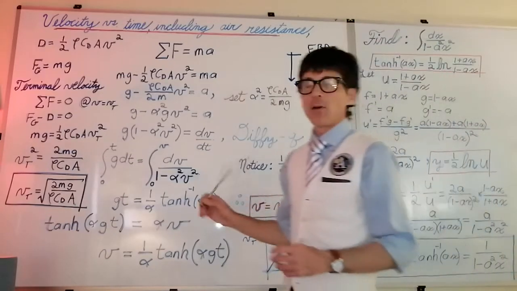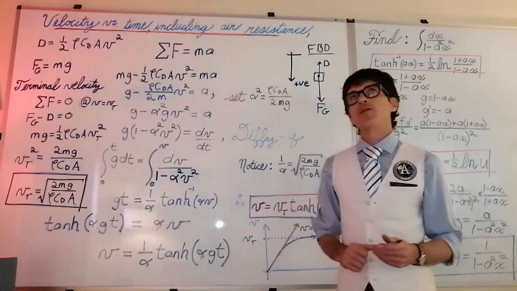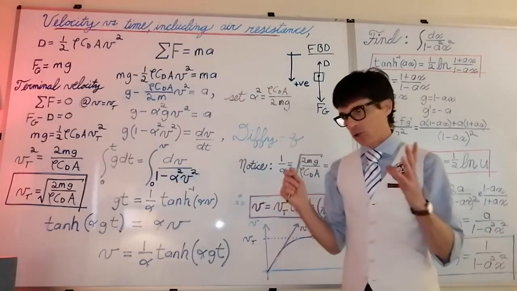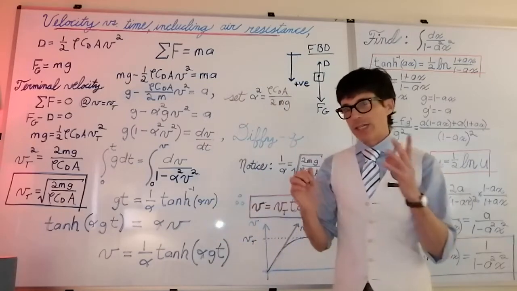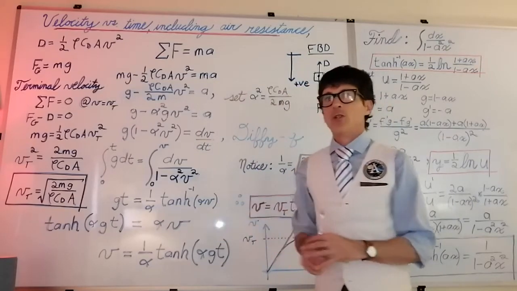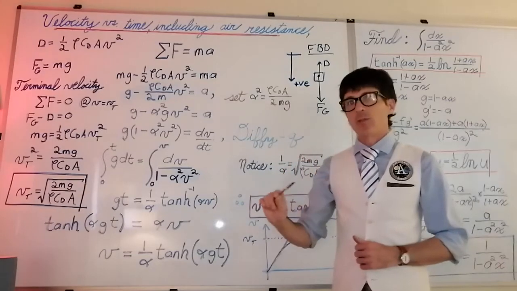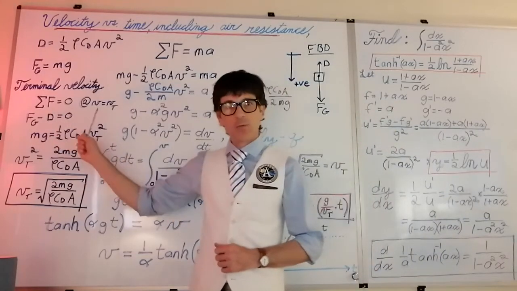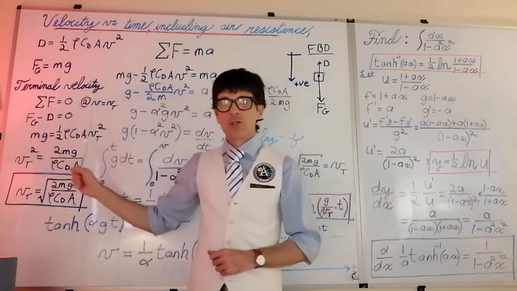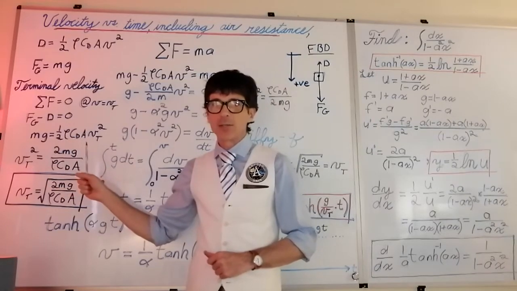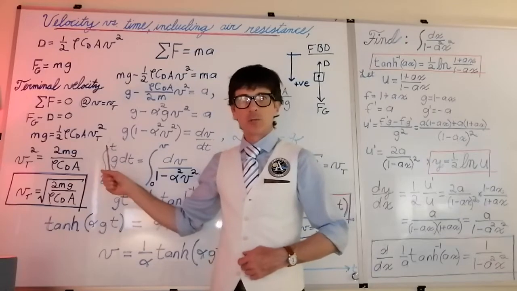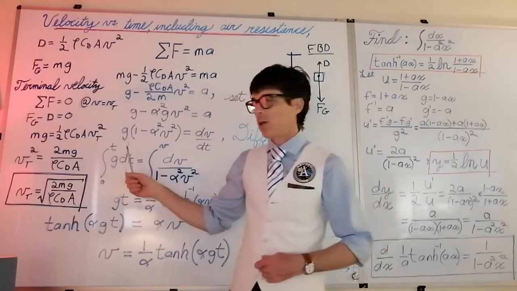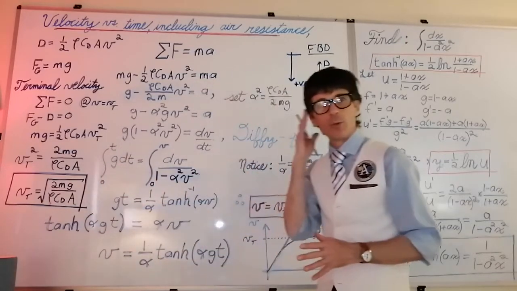So we're going to start by finding an equation for terminal velocity. Now, terminal velocity is a constant, so the acceleration is 0. So I'm saying at terminal velocity, the sum of forces equals 0. So I sub in my forces and set them to 0. And then I need to solve for the terminal velocity squared, and then I take the square root of both sides.